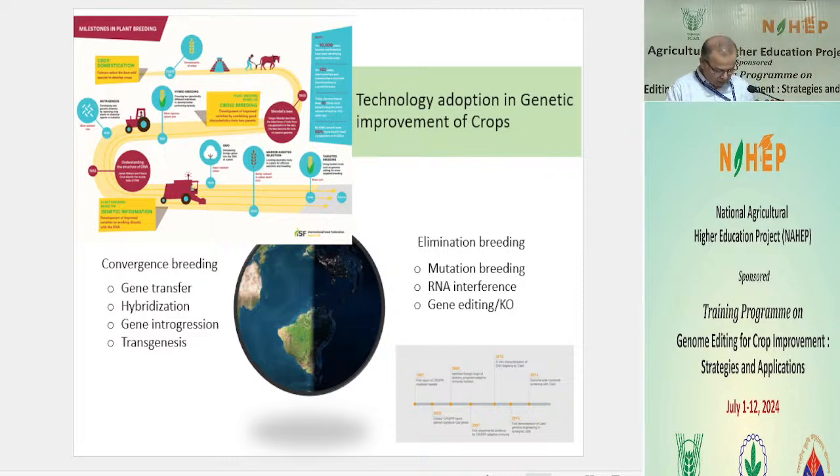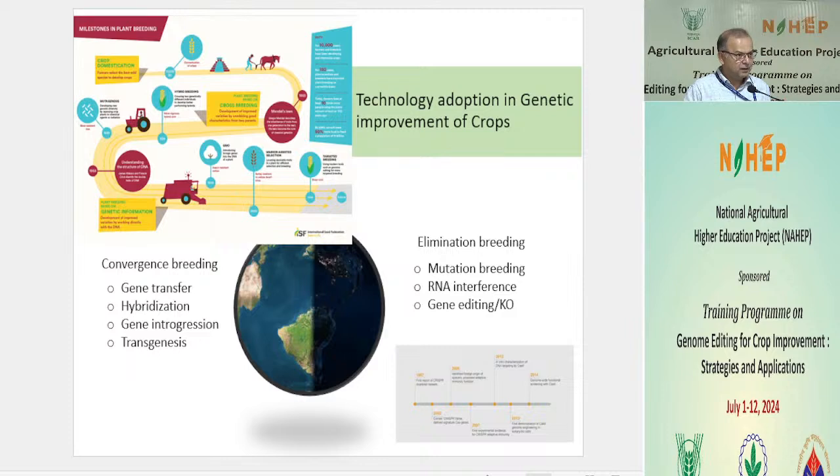I am not going into that, but what is important is that after the development of these genome editing techniques, now both sides are accessible. You see here, I have tried to show you the picture of a globe, where half of it is day and half of it is night. So far, all this precision breeding was accessible for only one thing, convergence breeding.